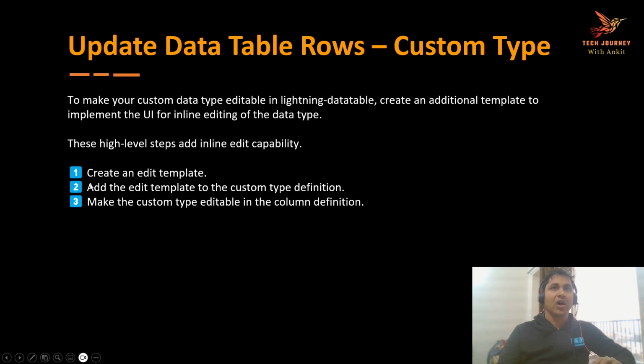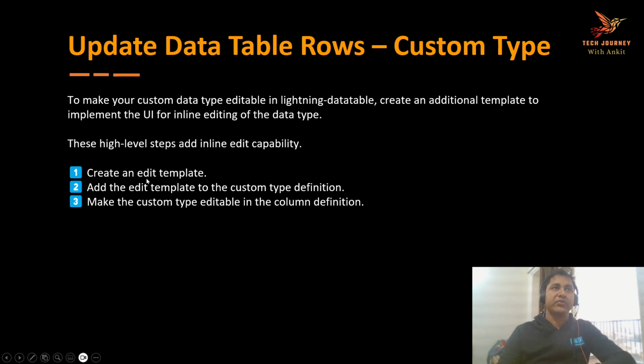Next, in the JavaScript file of the custom type, we have to define the custom type definition where we specify the edit template. And in step 3, we have to mark that custom type editable in the column definition. How to do that, we will see with the implementation steps as well.